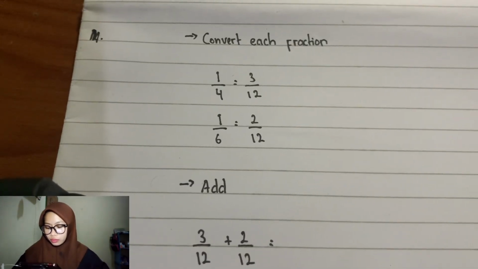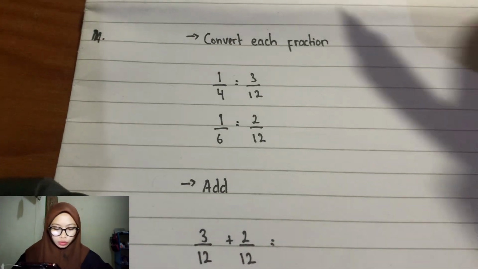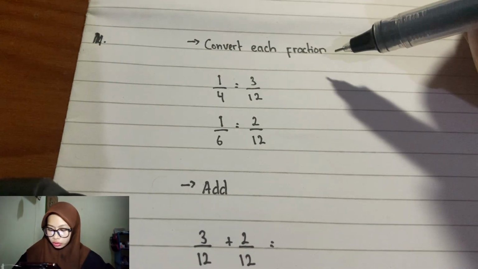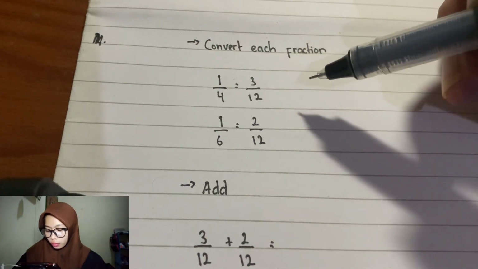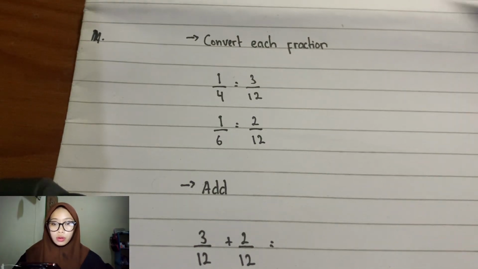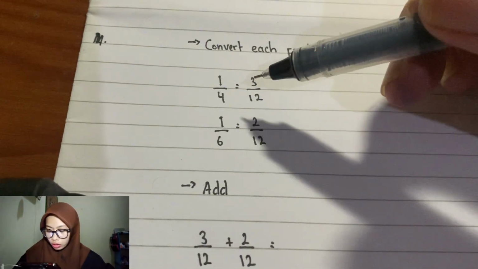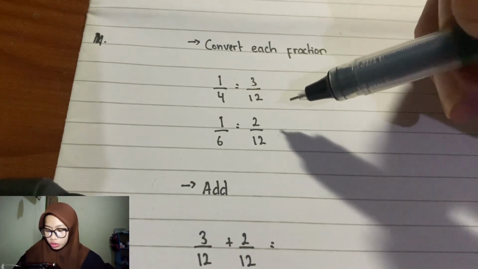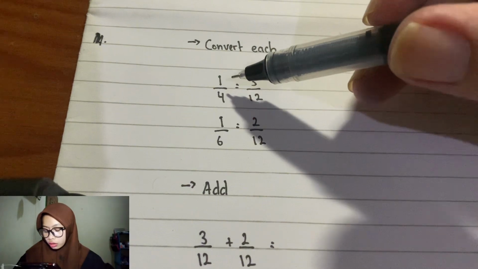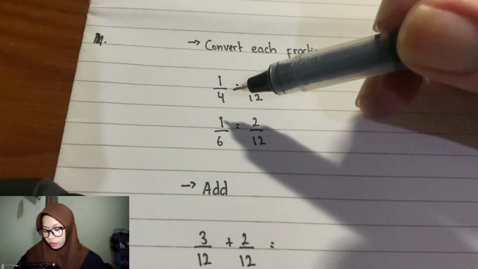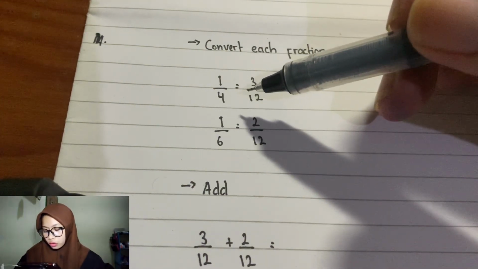Okay, for the next step, we need to convert each fraction. So 1 over 4, we're going to multiply this fraction by 3 because 4 times 3 is 12. So 1 times 3 is 3 and 4 times 3 is 12.